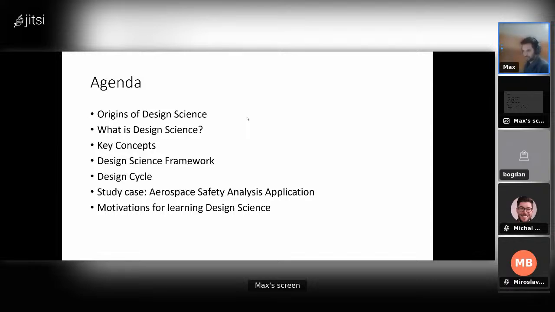Then we will try to apply it through a case study with an aerospace safety analysis app. And then at the end, I will tell you why I wanted to talk about design science and why I started to actually get interested in it.